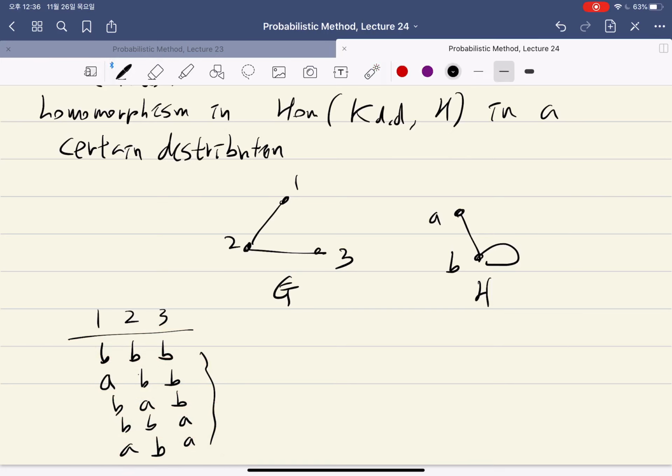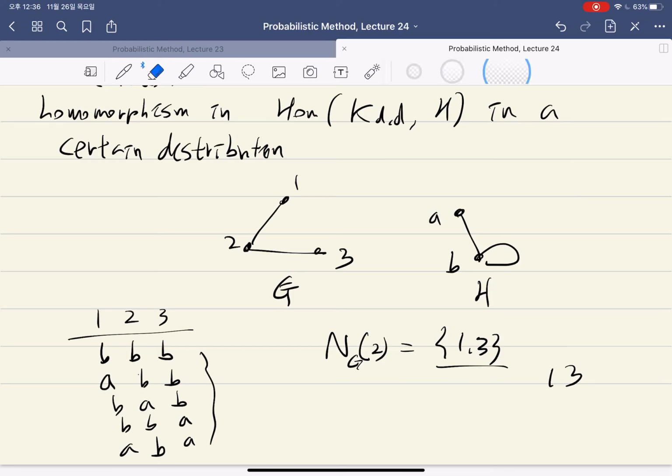But what's the distribution on the vertices 1 and 3? If you consider the distribution here, then the image of 1, 3 is either BB, AB, BA, or AA.